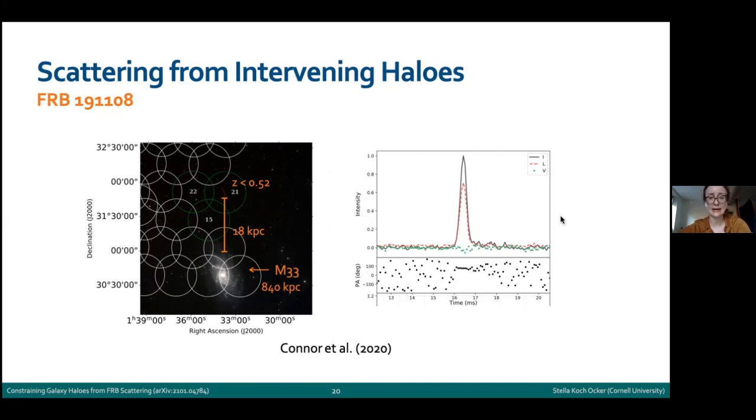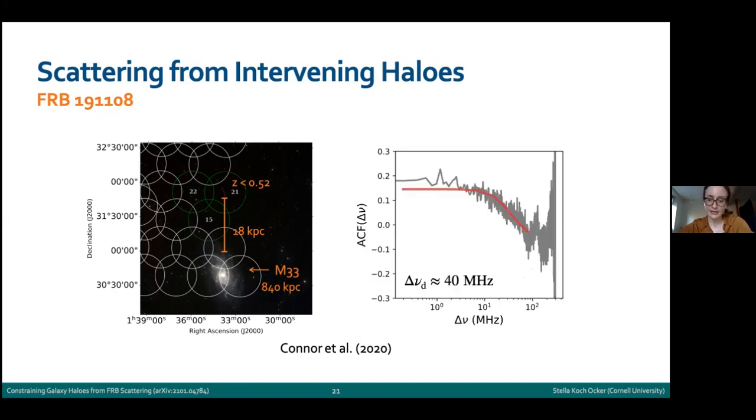And so on the right here, we have the burst profile, and no strong evidence of scattering is seen in the burst profile. But they do estimate a decorrelation bandwidth.